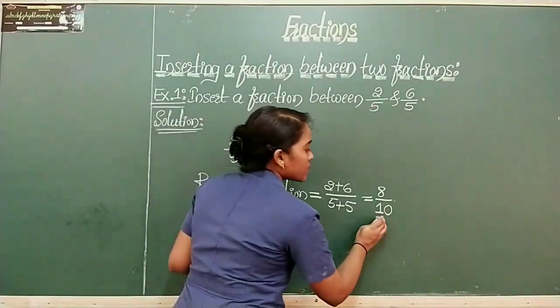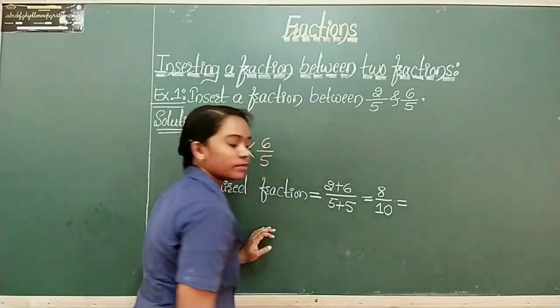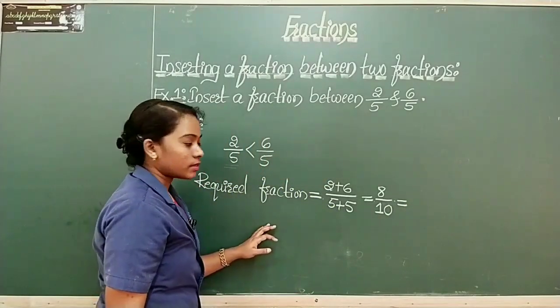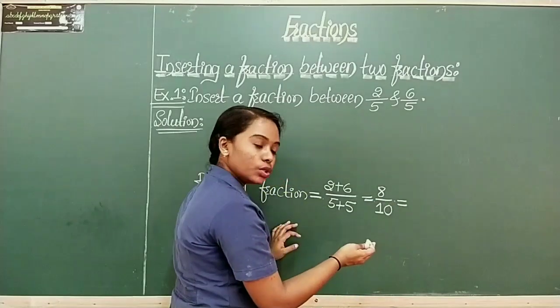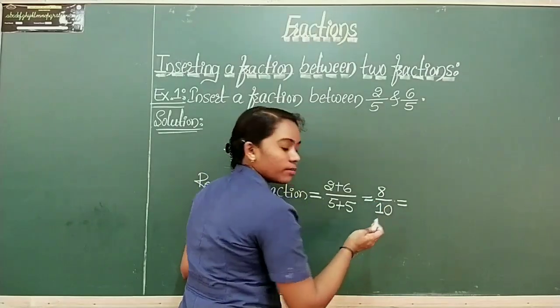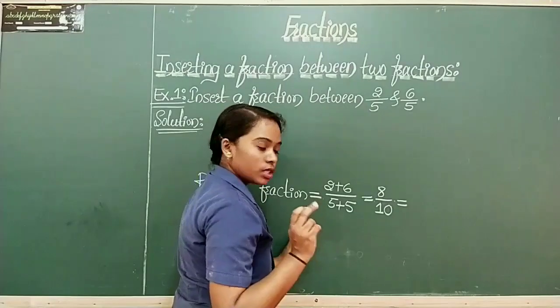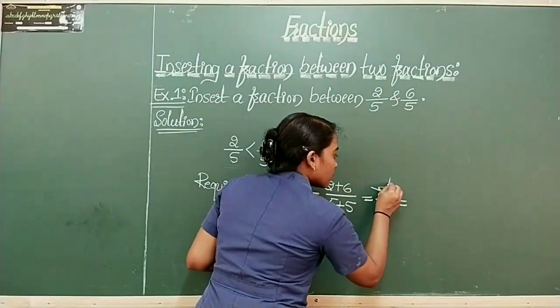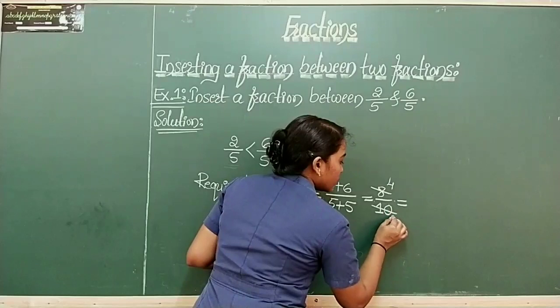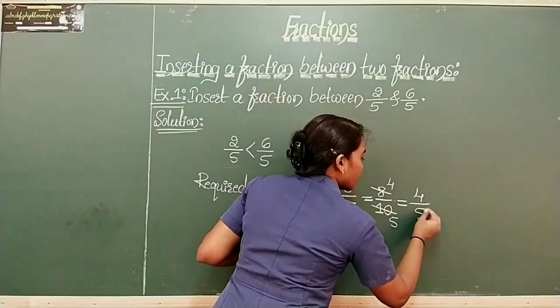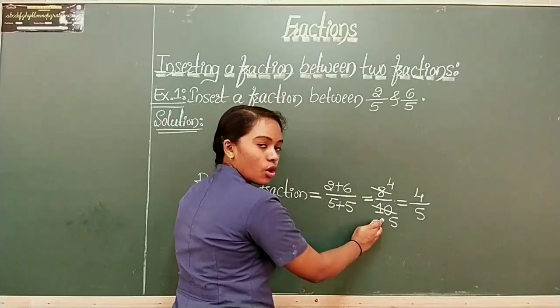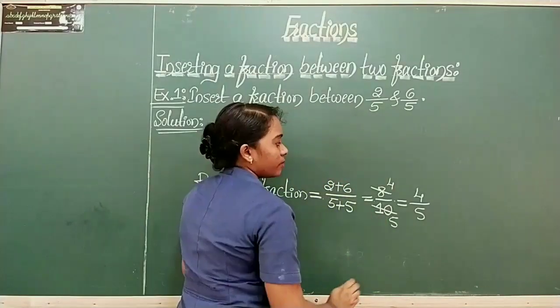Find its lowest term. For that, let's divide it by 2, because 8 and 10 both are divisible by 2. 2 fours are 8, 2 fives are 10. 4 by 5 is the lowest term of 8 by 10.